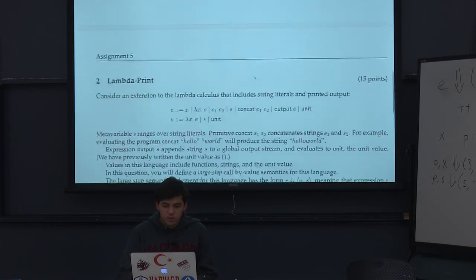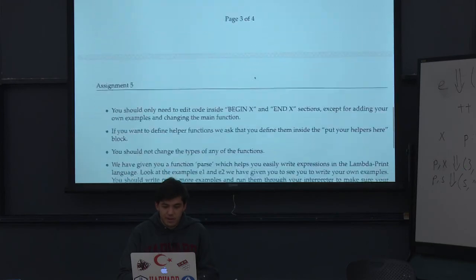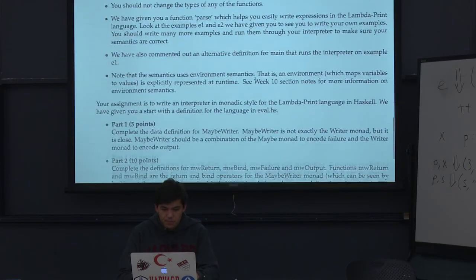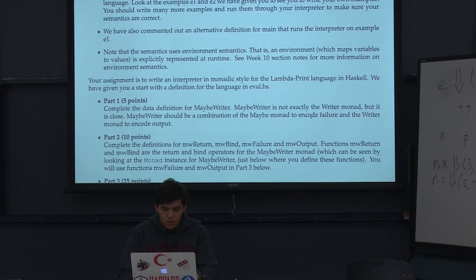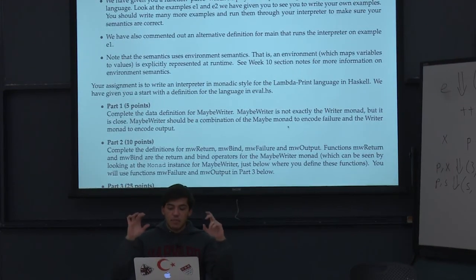So if we go to the definition of a maybe writer here, where it says to encode failure, the way that one encodes failure in a maybe writer is you still need to have a maybe writer type instantiated as a maybe writer. But then what comes after that maybe writer could just be equal to nothing.